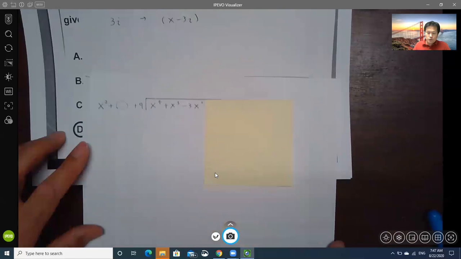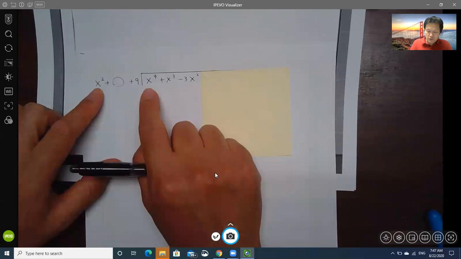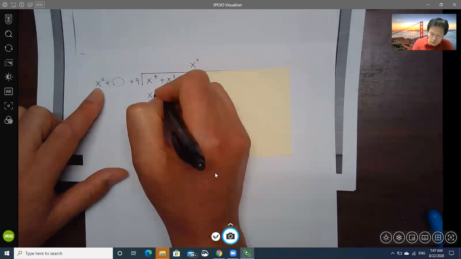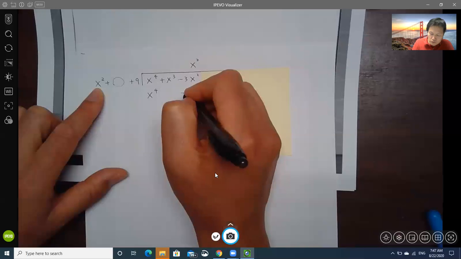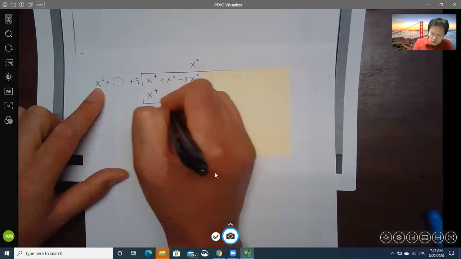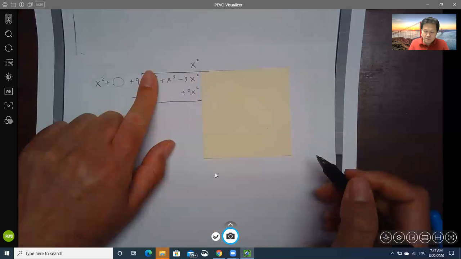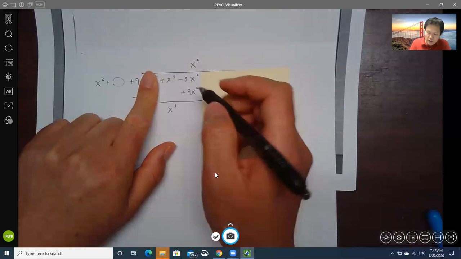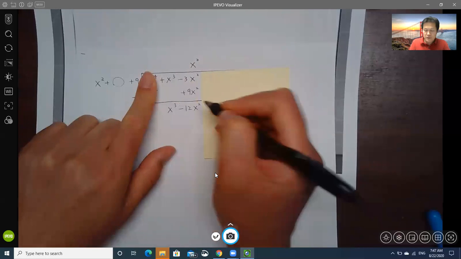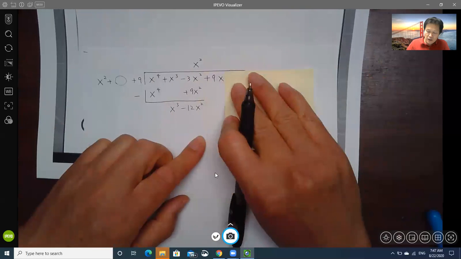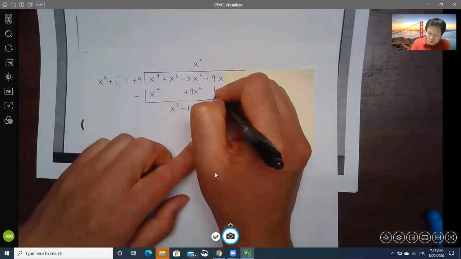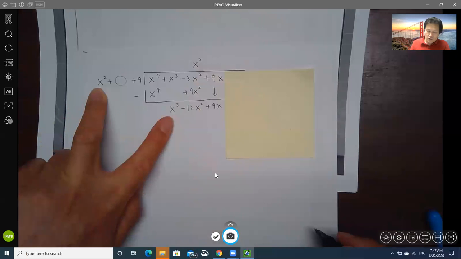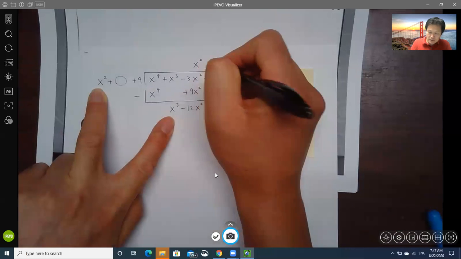So my question would be, what do I multiply here to match this? x squared. Distribute, subtract, that disappeared. x cubed minus nothing is x cubed. Minus 3, minus 9, minus 12. Then bring down the next term, plus 9x. What do I multiply here to match this? Plus x.